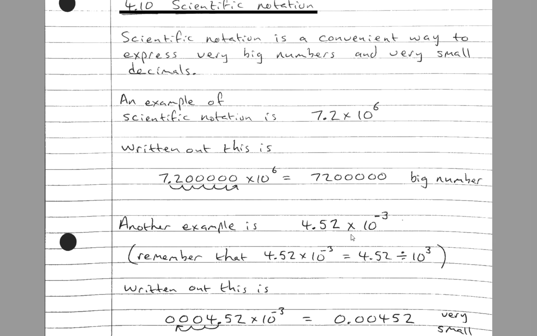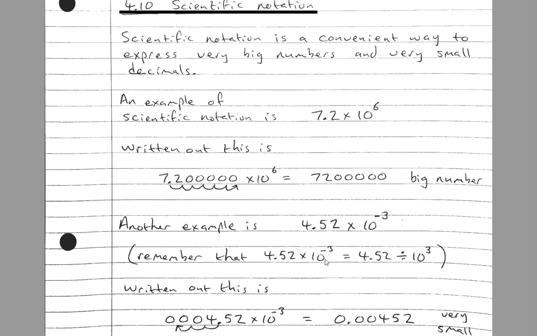Here's an example that turns out to be a very small number, 4.52 times 10 to the power negative 3. And if you remember, we looked at negative powers of 10. So 10 to the power negative 3 really means 1 over 10 to the power 3.